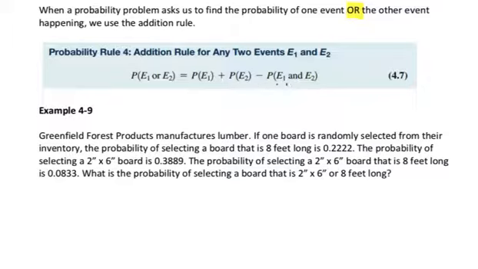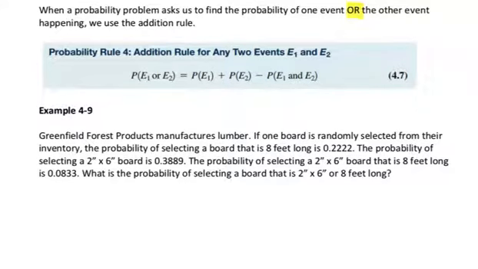And the reason we have to subtract that last part at the end is because some outcomes are being double counted. So something might be in the E1 category and in the E2 category, and that means it's being counted twice. So we have to subtract it away so that it is only counted once.